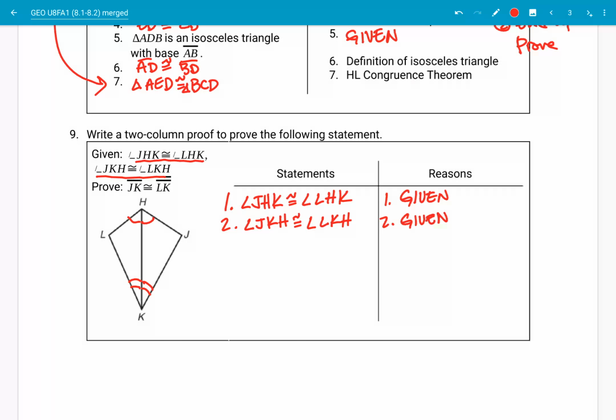Okay, so now I have those two angles, and I need to prove that that side is congruent, and my next step is I need to find one other piece of information to prove that those triangles are congruent.